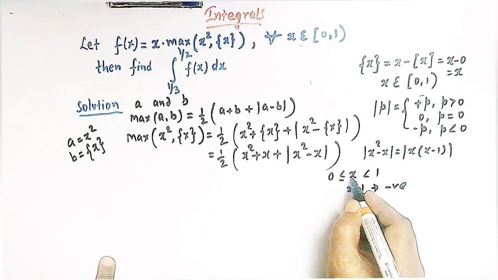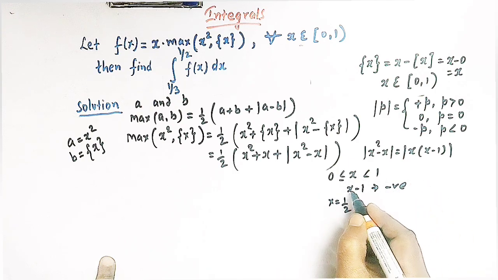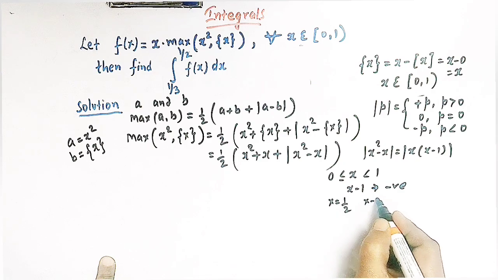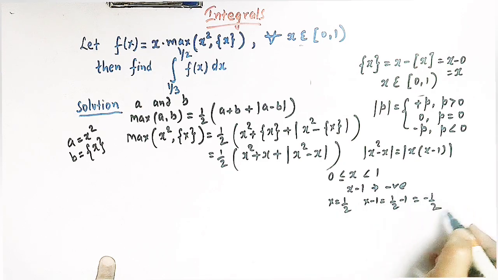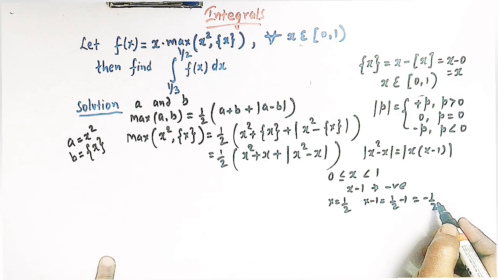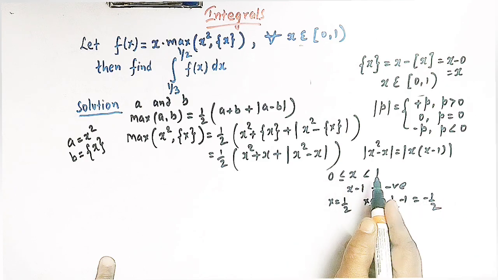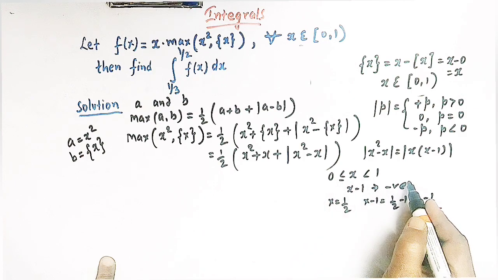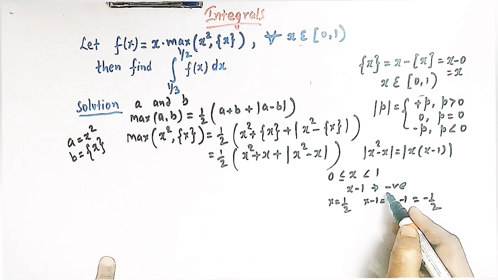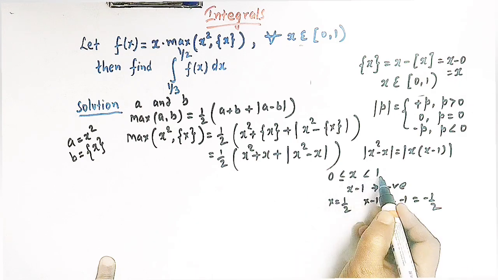See, whenever we have, say, x is equal to half, then x minus 1 is equal to half minus 1, that is minus half, which is a negative quantity. So when x lies between 0 and 1 including 0, then x minus 1 is always going to be negative for all x belonging to this interval.